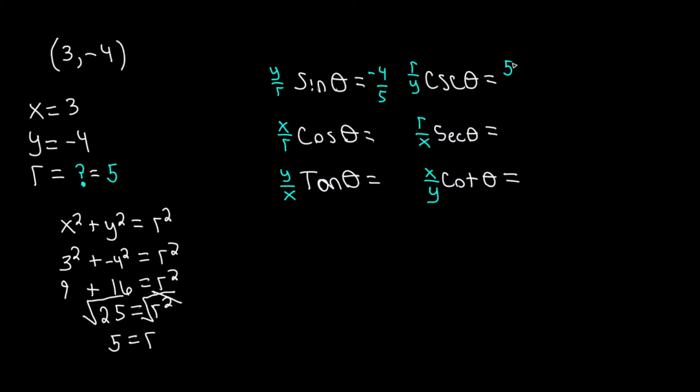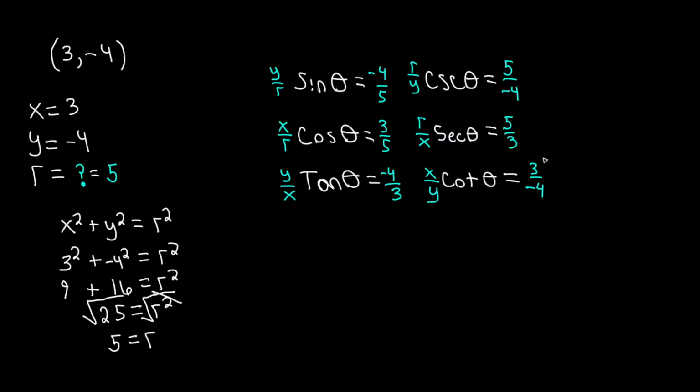It's 5 over negative 4, or negative 5/4. X over r, 3 over 5. Reciprocal for secant, 5 over 3. Tangent, y over x. So negative 4 over 3, or negative 4/3. Cotangent, reciprocal tangent, 3 over negative 4, otherwise known as negative 3/4.